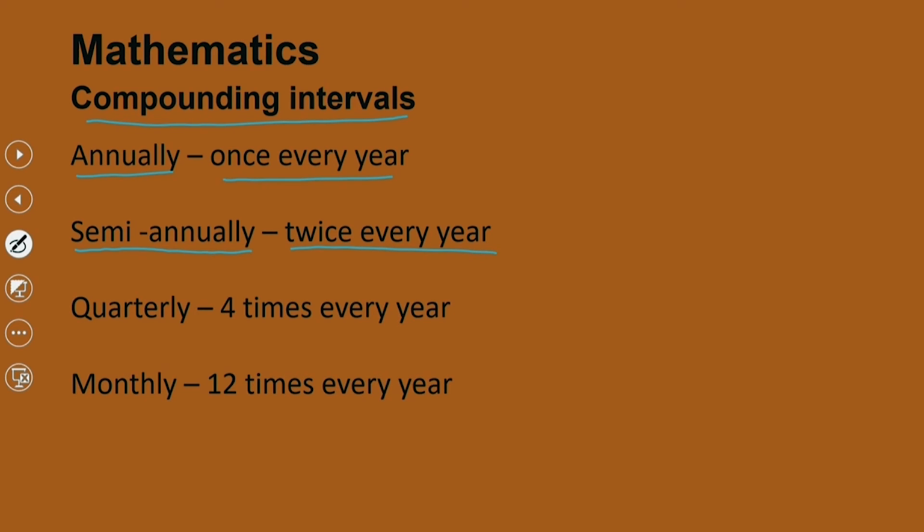If you compound quarterly, how many quarters are there in a year? Absolutely 4. So that is 4 times every year. And then monthly, how many months are there in a year? 12. That means 12 times every year. So these are your compounding intervals, and you need to be familiar with them.